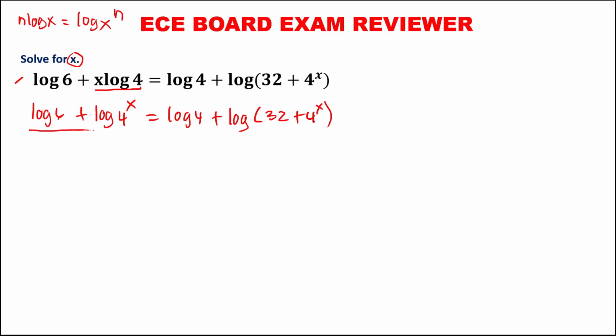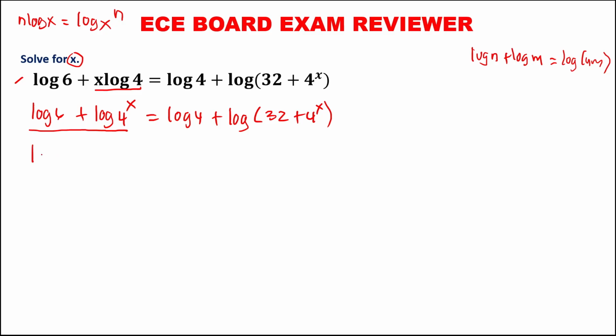Then for this, using the product property of logarithm, log n plus log m is equal to log of m times n.